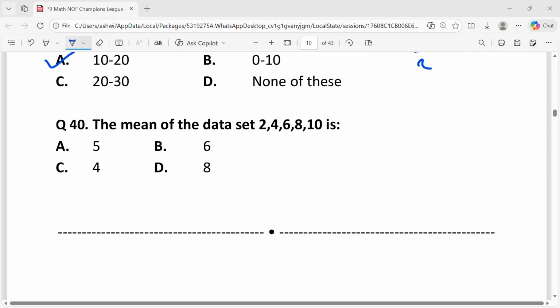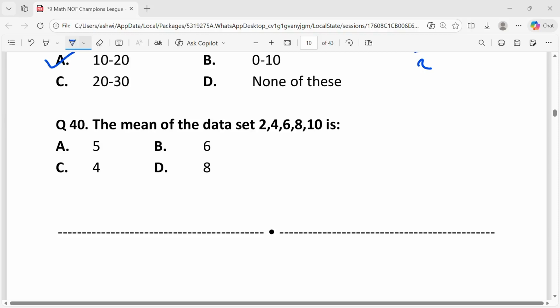Question 40. The mean of the data set 2, 4, 6, 8, 10 is. The mean x bar of a data set is the sum of all observations divided by the number of observations n. The data set is 2, 4, 6, 8, 10.